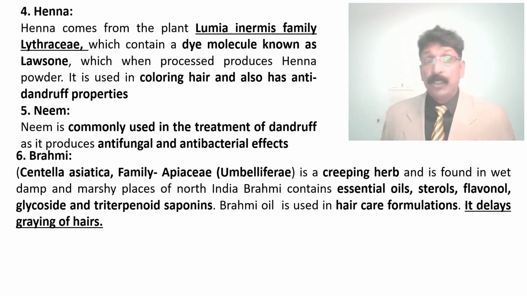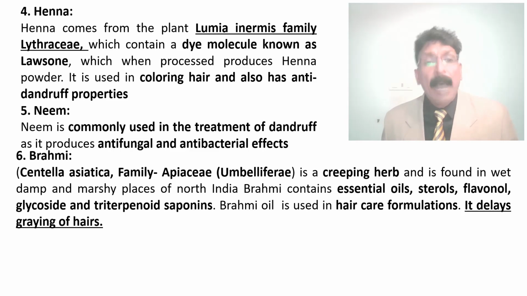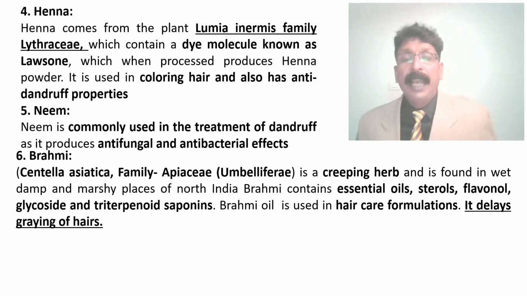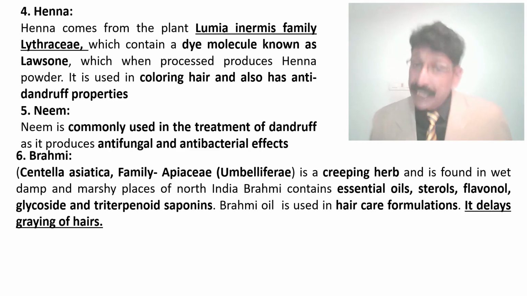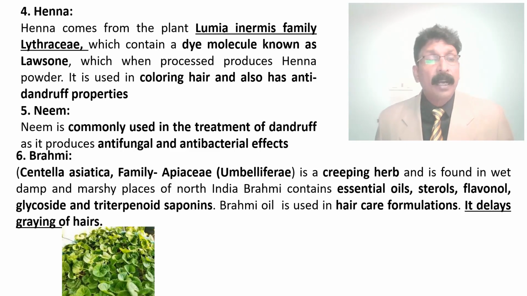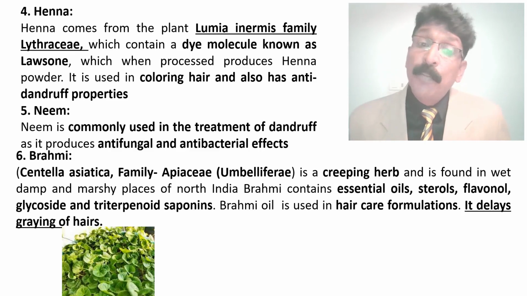It is called even water brahmi or neer brahmi. It is a creeping herb found in wet, damp and marshy places in North India. Brahmi contains essential oil, sterol, flavonol, glycosides and triterpenoid saponins.